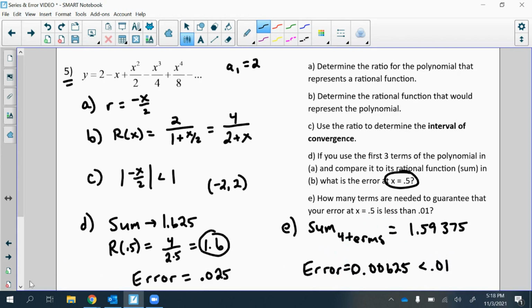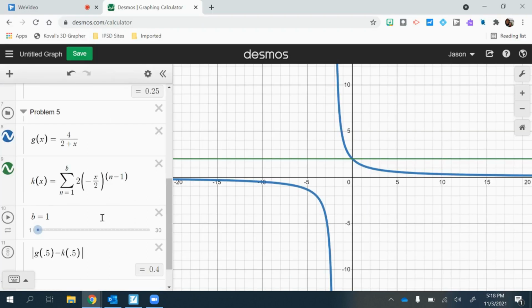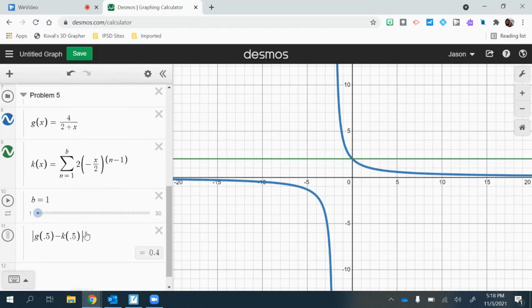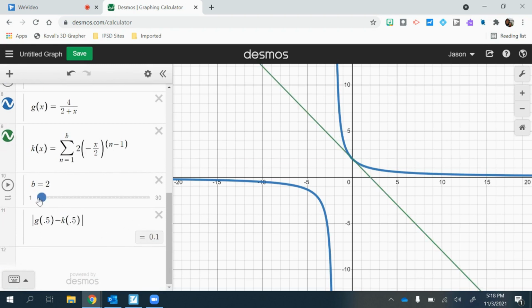So all I need is 4 terms for that. Just 2, my error is 0.4. Then 2 minus x, the error becomes 0.1. Then 2 minus x plus x squared over 2, the error at 0.5 becomes 0.025.